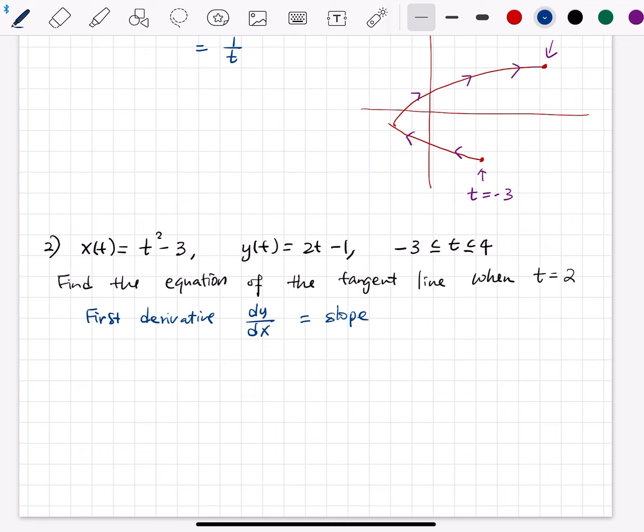So the slope at t equal to 2 is dy dx equal to 1 over t, which is equal to 1/2.